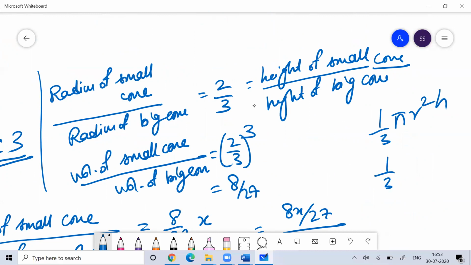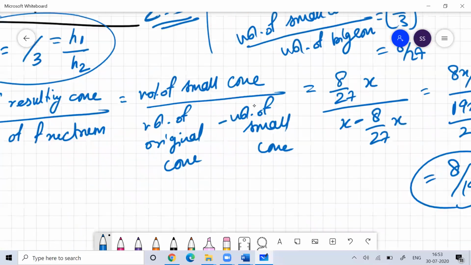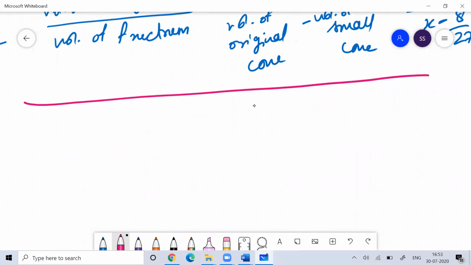For the smaller cone, the radius is 2/3 and the height is 2/3, so if you calculate, this would be 8/27 only. You can easily calculate and understand this. Otherwise, this is the property of similar triangles. If you are good with the triangle concept, you can easily understand.